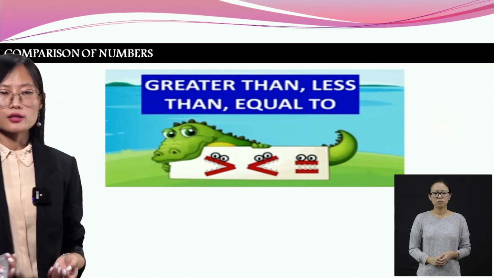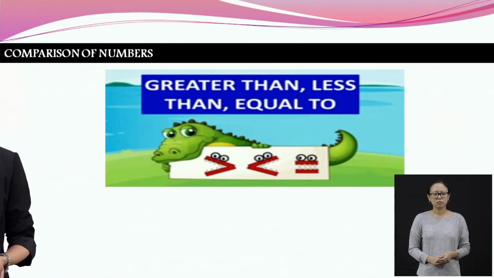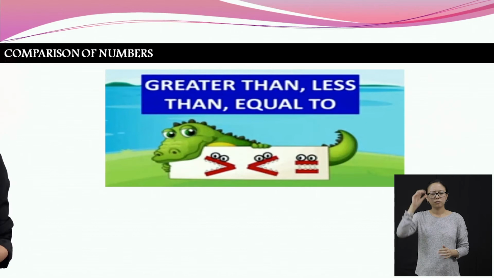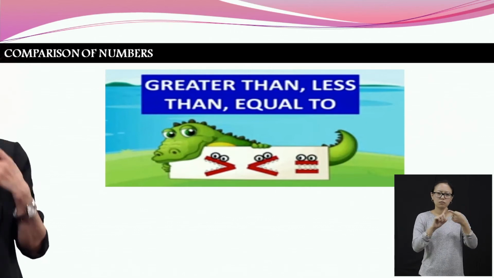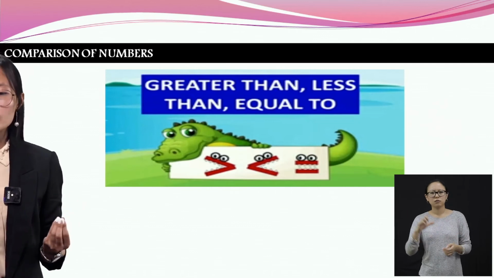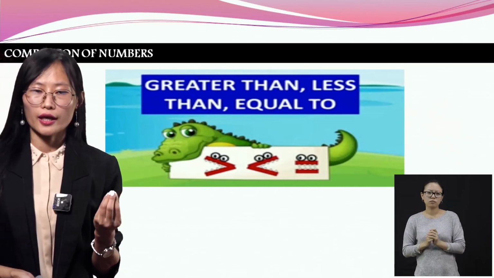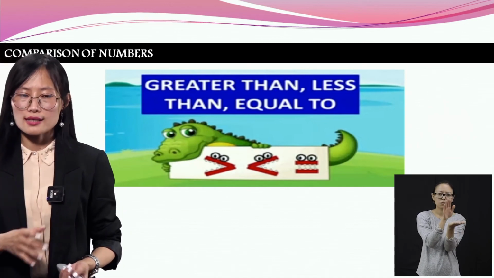Now comparison of numbers. Here we will learn about greater than, less than, and equal to. Let me tell you in a very interesting way. Let's just imagine an alligator.